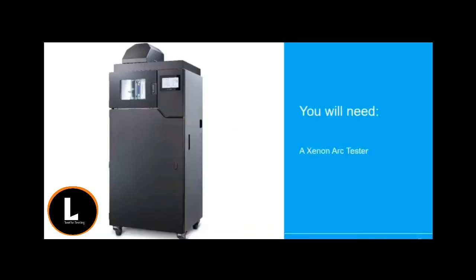So let's take a look at how you test for this process, and we're going to start with the equipment that's required for testing. So you will need a xenon arc tester, such as James Heal's TrueFade as an example, which you can see on the screen. You can find different sized xenon arc testers depending on the amount of testing that you need to conduct.